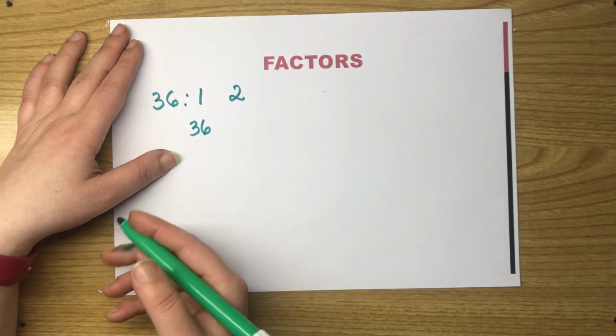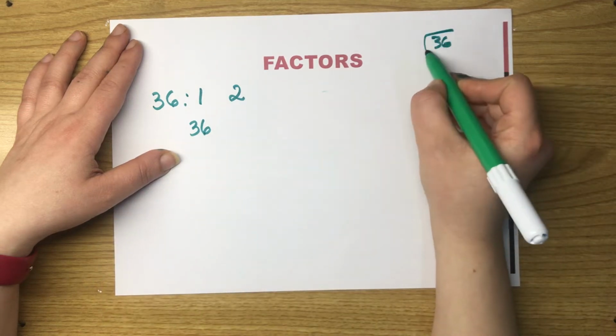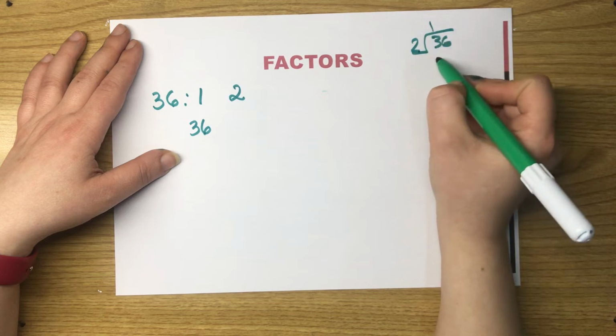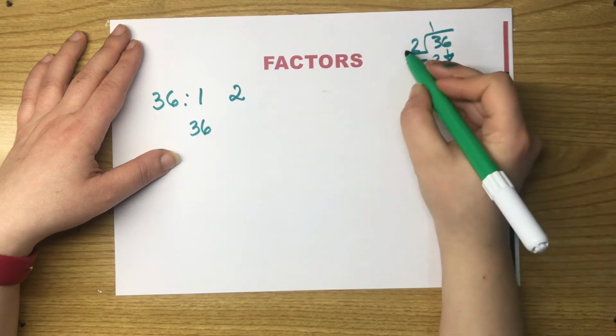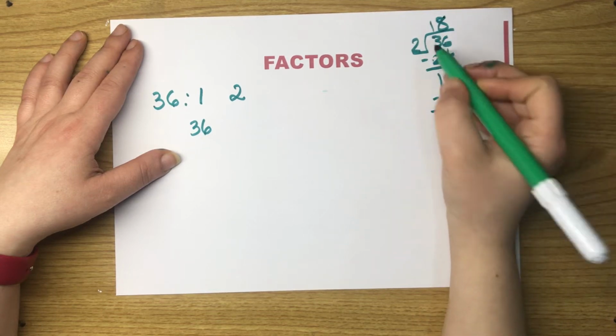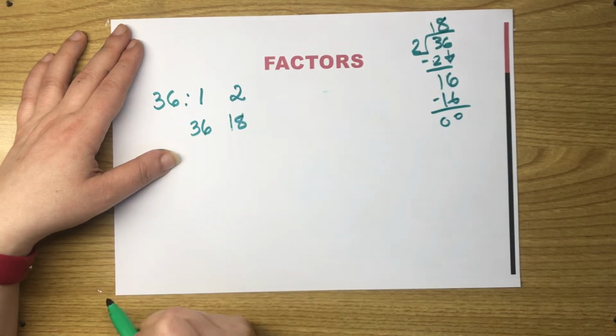You can use your long division. So 36 divided by 2. How many 2's in the 3? 1. 1 times 2 equals 2, minus. 16, how many 2's? 8. 8 times 2, 16, 0. So 2 times 18 equals 36.